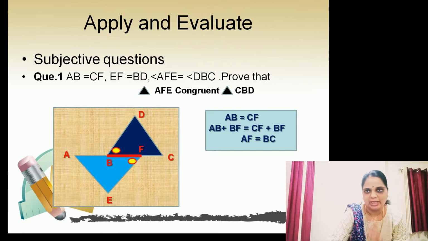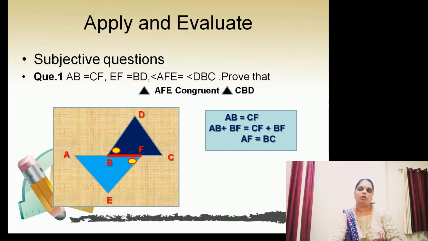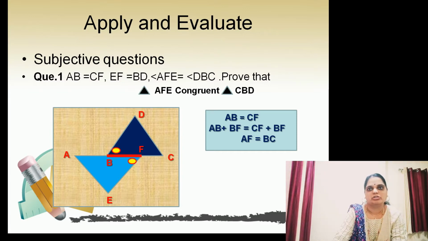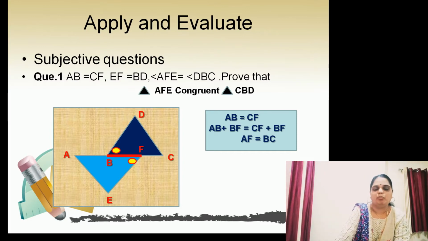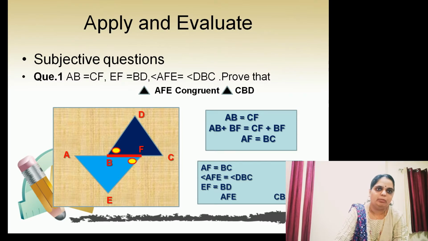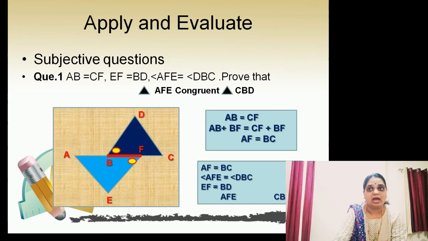With the help of these steps we completely solve these equations. We see that there are four points: point A, point B, point F and point C. All four points are collinear, and for collinearity we can add these segments.